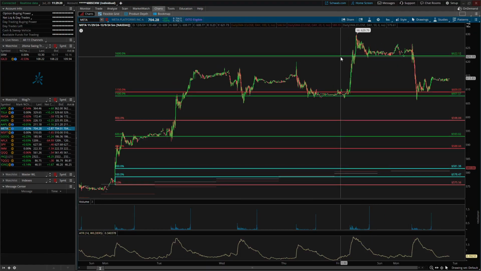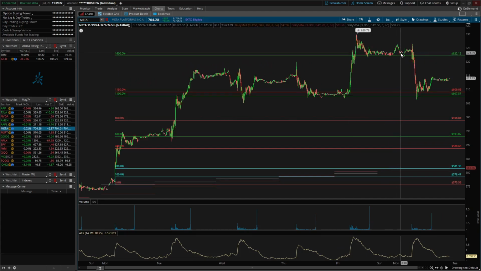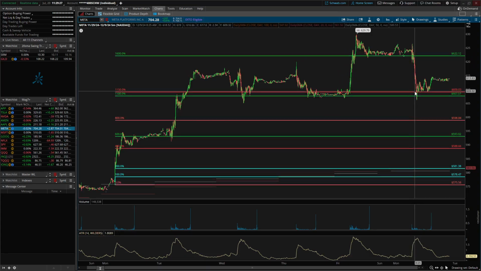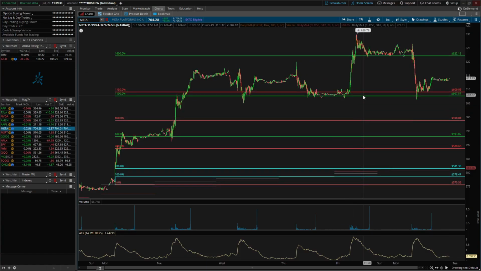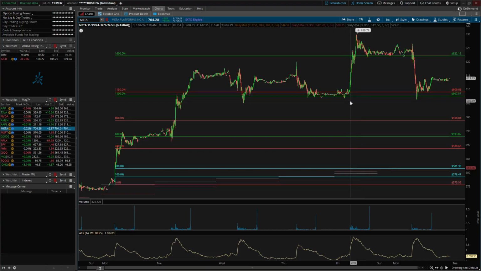And so then we spend a day up above that, and then the next day it pulls back, and we get taken out right there at 10.5R, which isn't so bad. So that's the Meta trade from early December 2024. Hopefully that helps explain a little bit about the trade management.